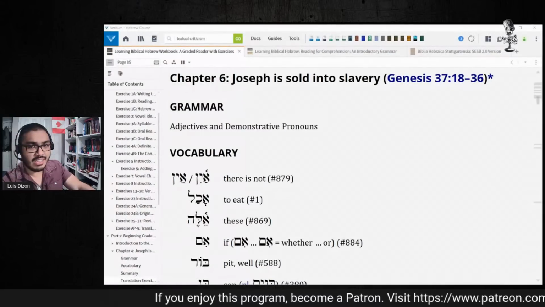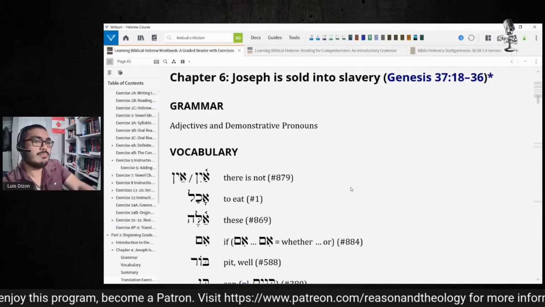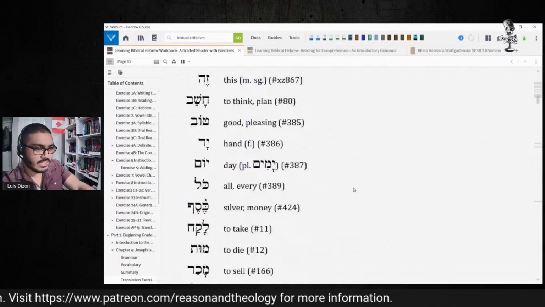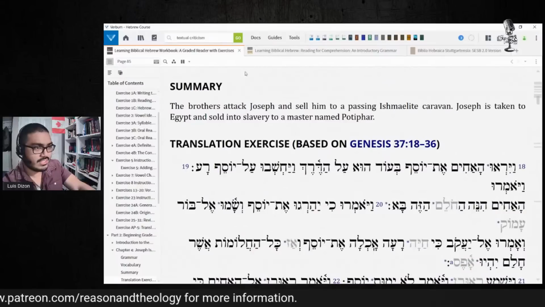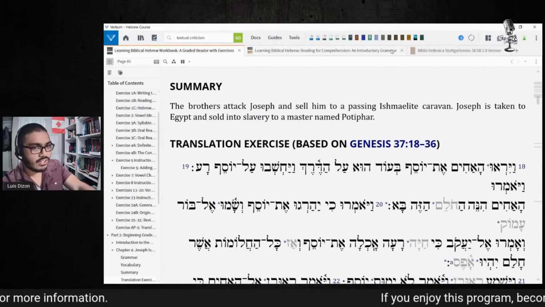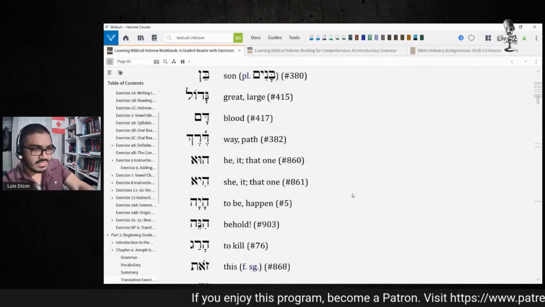The best way to learn a language is to actually get your hands dirty, metaphorically speaking, by doing translation exercises. So if you really want to learn the language, I suggest getting the workbook and the textbook. The most economical way to get that is through Verbum, which I did right here.